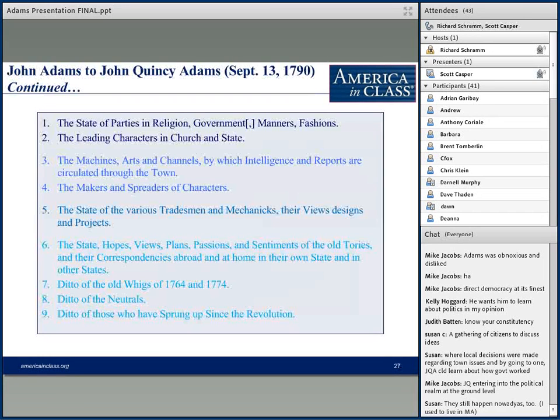If we go on, this is the same letter, and this letter goes on for several slides. Now, John Adams continues the letter and says, here's what you can learn by going to a town meeting. Richard, you want to pick this one up here?